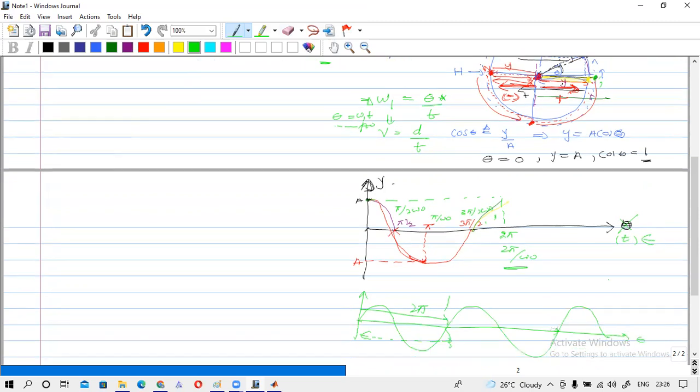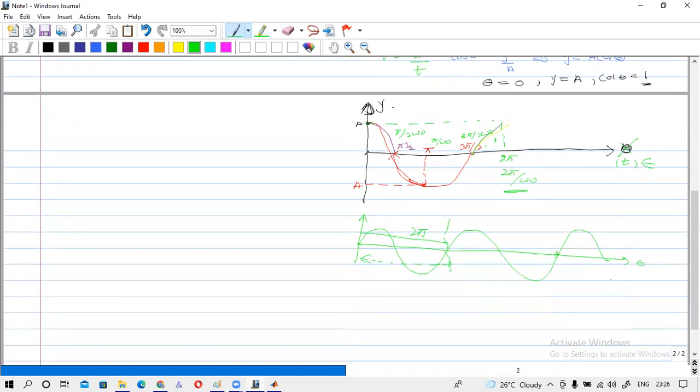As in the sinusoidal case, here omega is equal to theta by t, or theta is equal to omega t. The time taken to complete one cycle is capital T, and you know that 1 by T is equal to frequency.